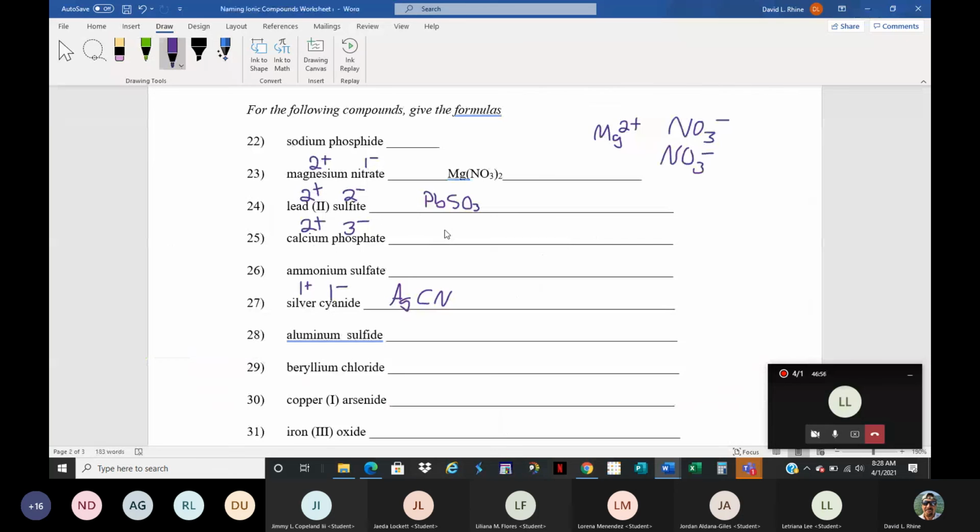So it's Ca, and then I'll put PO4. Now, these are not exact opposites, which tells me that 2 is going to go with the phosphate, and the 3 is going to go with the calcium. So it's going to be Ca3, and then because I have to add a 2 to this, I put parentheses around it and a 2.